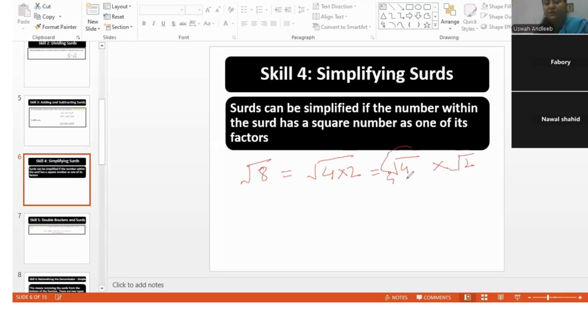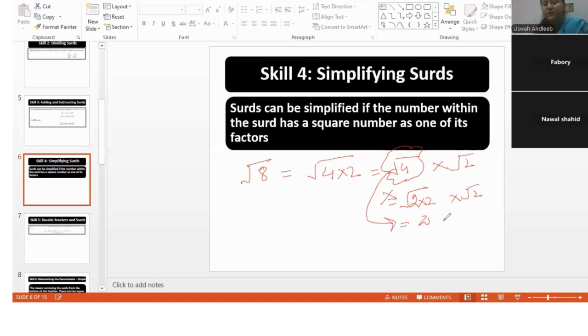Now this is not a surd. It's basically the square root of a square number. If I simplify it more, it turns out to be 2. If you already know that the square root of 4 is 2, you can skip this step. So the square root of 4 is 2, and this under root 2 can't be solved any further.